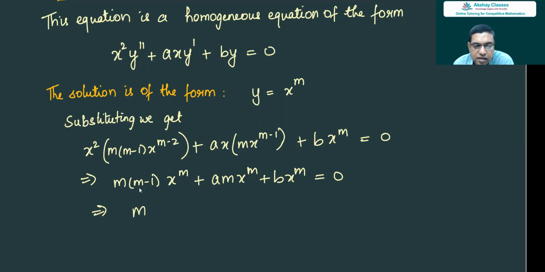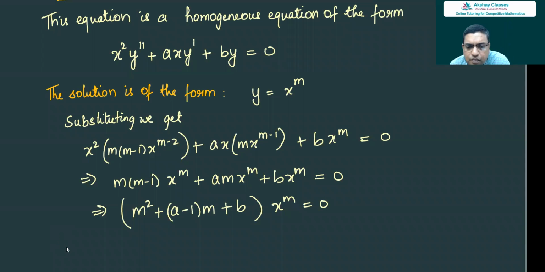So we get m square minus m. We are taking x power m common, plus am. So we get plus a minus 1 times m plus b, x power m is equal to 0.